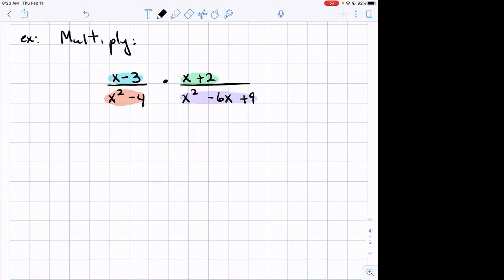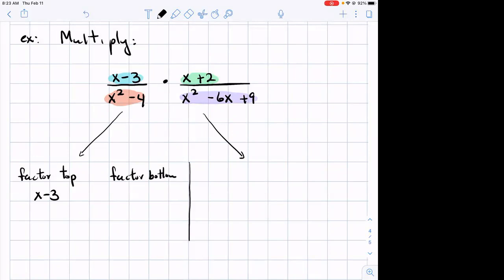Now, what I like to do is forget about the whole multiplication. Can we factor the top, which is x minus 3? And then we also want to factor the bottom. This is the left half of the problem, which is x squared minus 4.